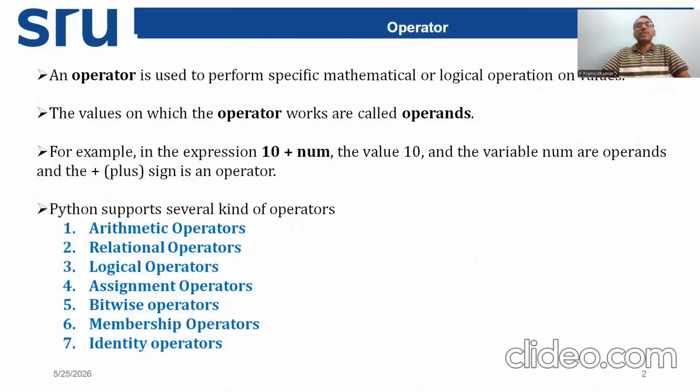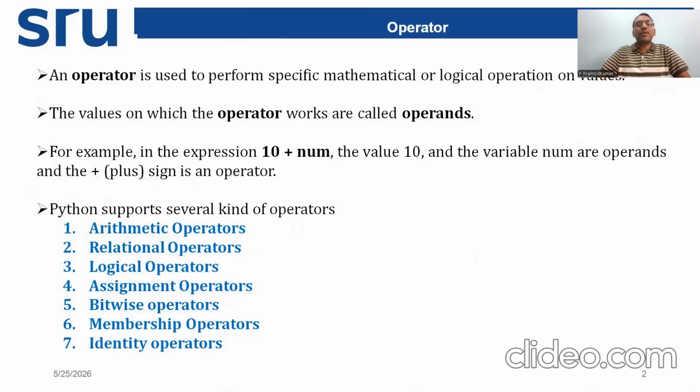The values which are involved in the operation performed by an operator are called operands. For example, here is an expression: 10 plus num. Basically, an expression is a mathematical equation type which has certain combinations of values and operators.